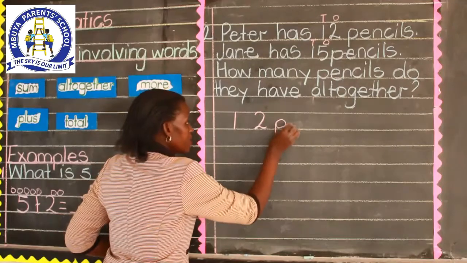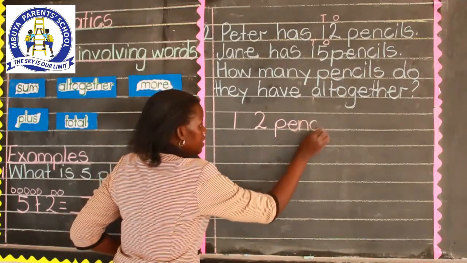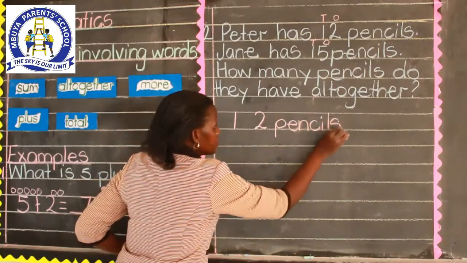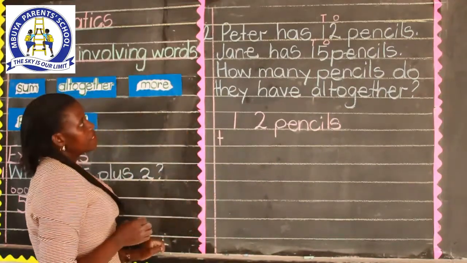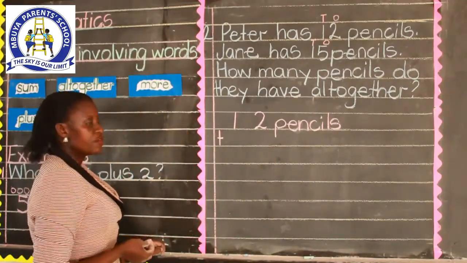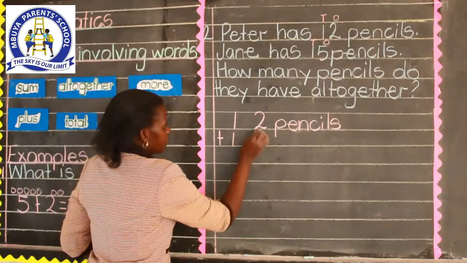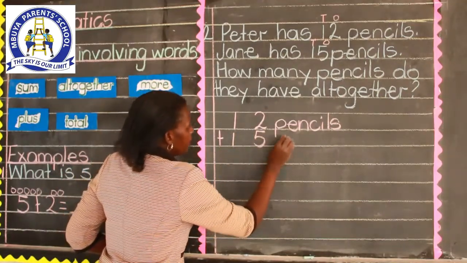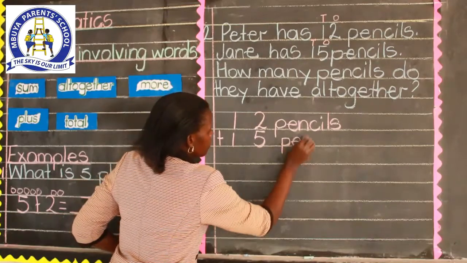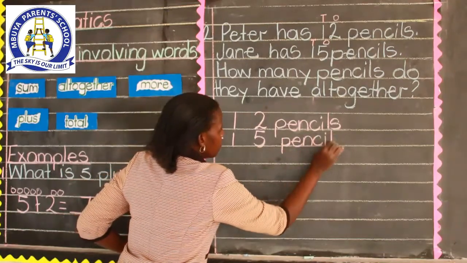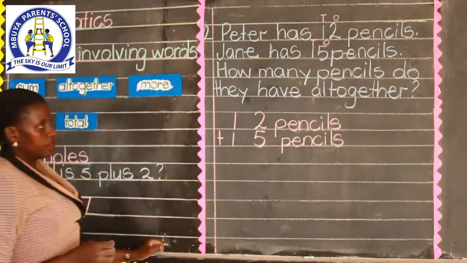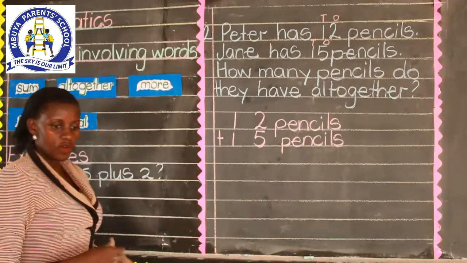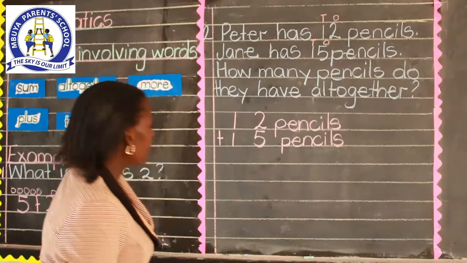Remember to write the word pencils. It is our unit. Plus the pencils for Jane, which is 15 pencils.